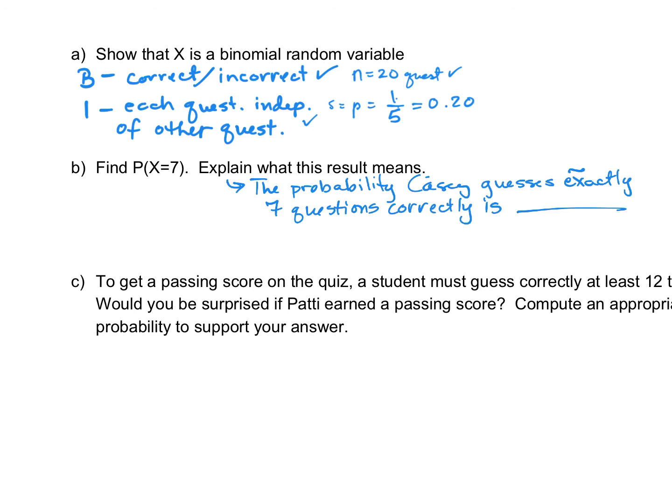Now we have to actually find that. So what are we going to use? Binomial Pdf, where n is what? 20. P is 0.2. And x is 7. Or sorry, the answer is 0.055.